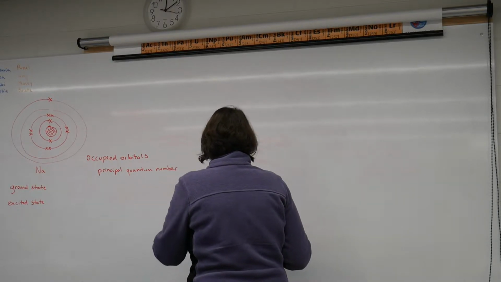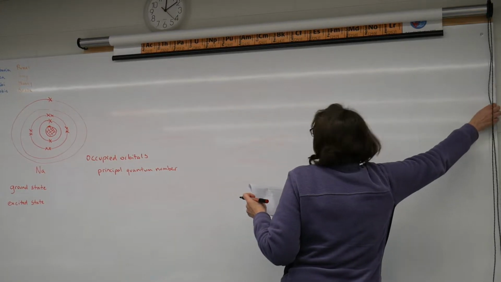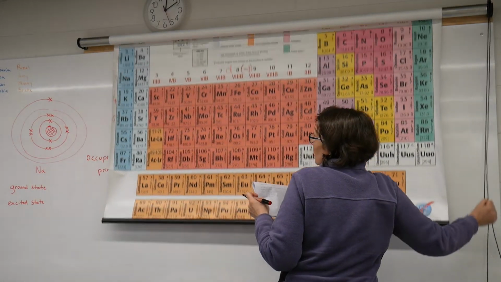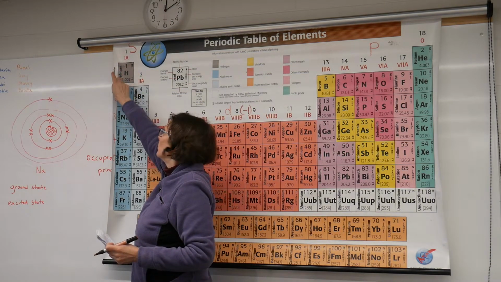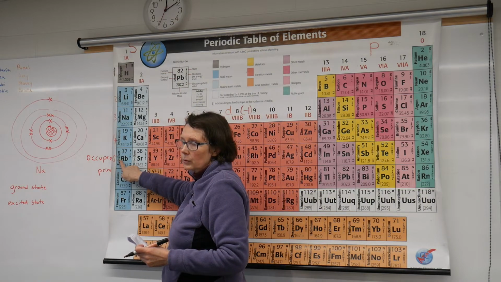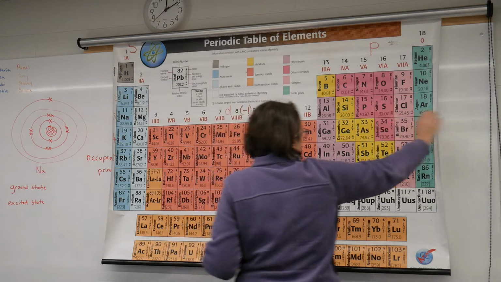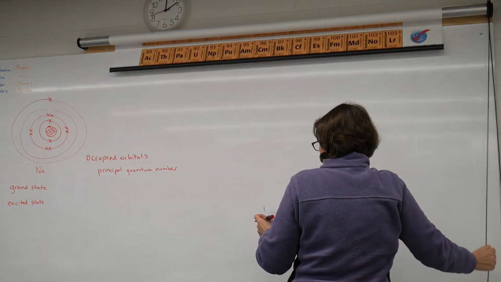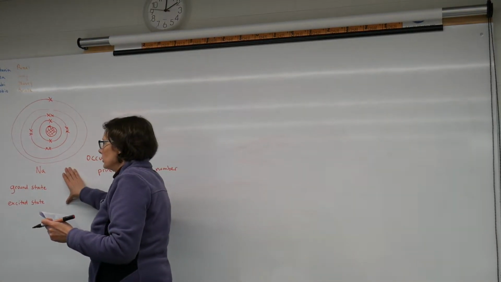And it's handy for us, if I bring this back down again, that the principal quantum number actually matches up with periods. So principal quantum number 1, 2, 3, 4, 5 as we go down the periodic table. And we'll look to see why that's the case as we move on. But we don't have these orbitals.